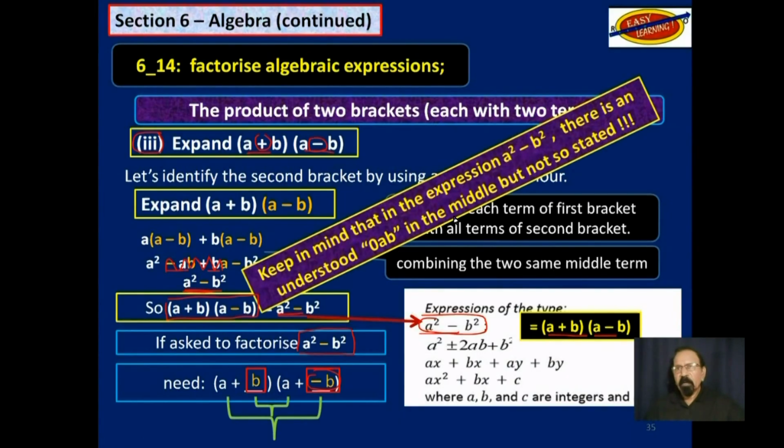Now keep in mind that the expression a squared minus b squared, there is an understood 0ab in the middle, but that is not so stated. Remember I said this part here works out to be 0, but we can ignore that.